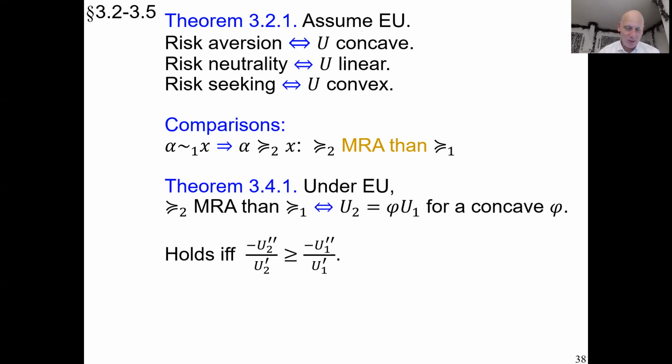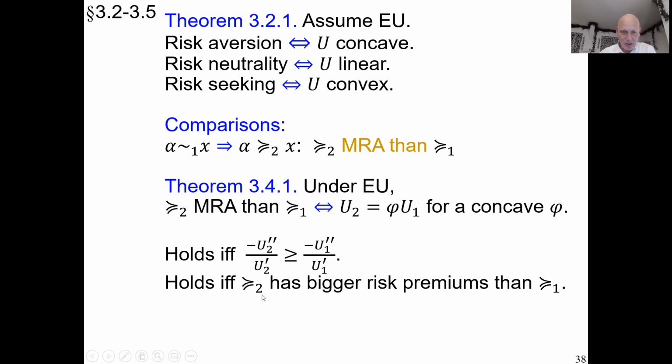In fact, De Finetti, you heard the name before, discovered it before them, but people usually call it after Pratt-Arrow. There's also another index that is commonly used in the literature: if you have only positive money amounts, and you multiply this index by the money amount alpha, you get the relative index of risk aversion. For many purposes, that is a good index. So several kinds of indexes are useful for several kinds of purposes.